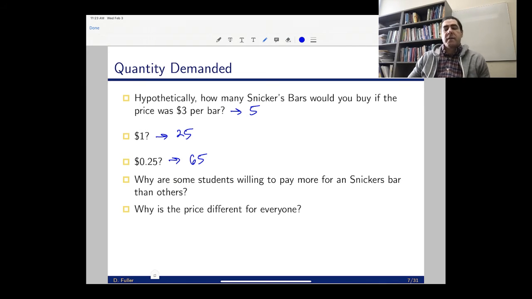There are a few ideas we've learned from this very simple example about how demand operates. First, why are some students willing to pay more for a Snickers bar than other students? If you think about that, the answer probably has something to do with our preferences.